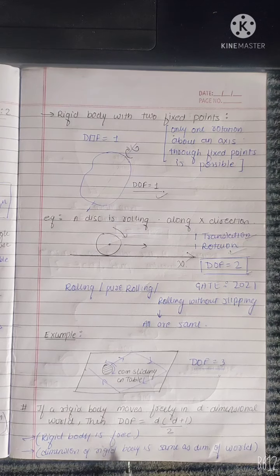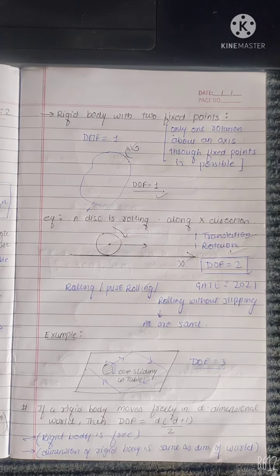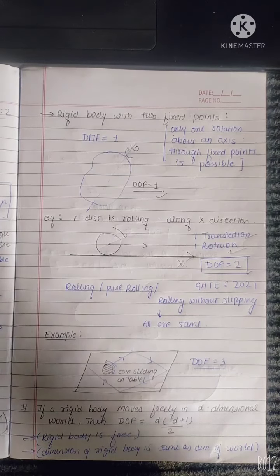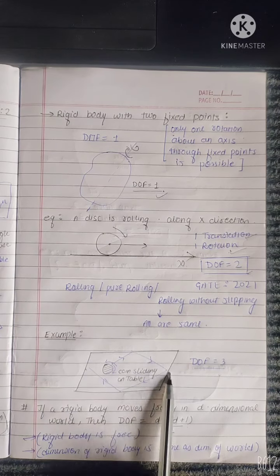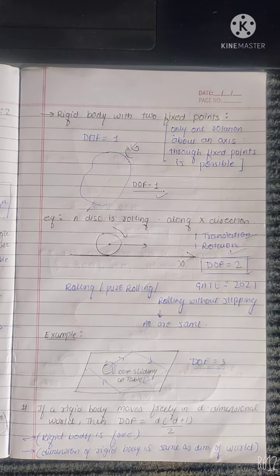The dimension of the rigid body is the same as the dimension of the world. For example, if the world is 2D, then the rigid body should also be a 2D object, it should not be 3D.